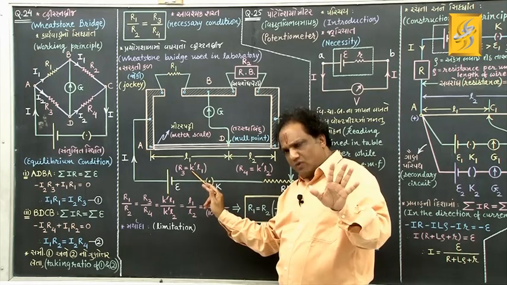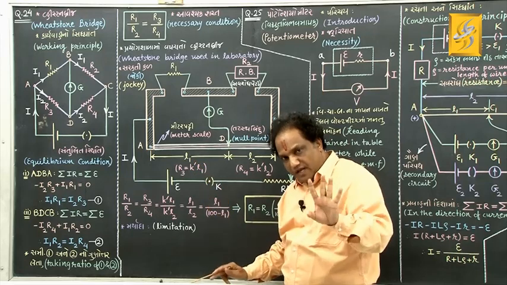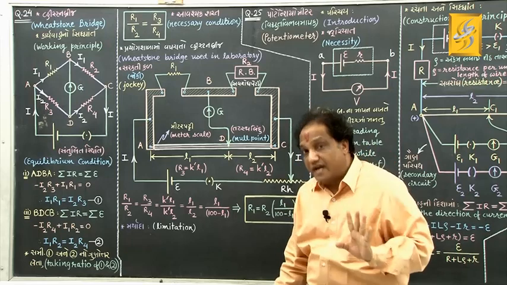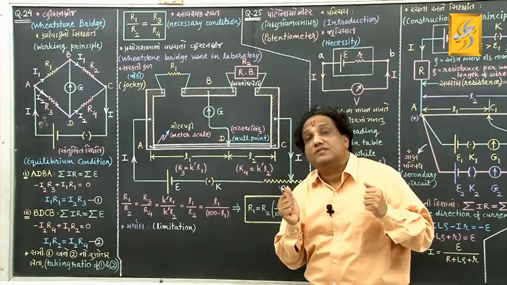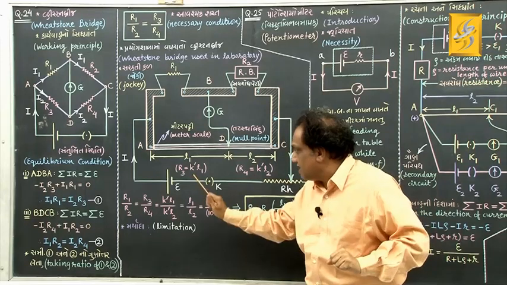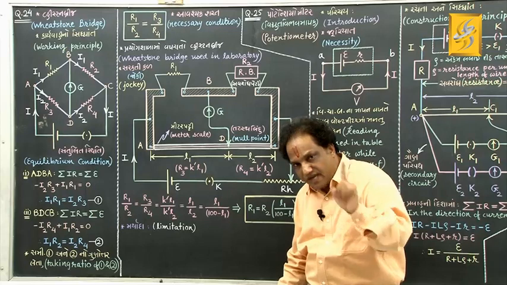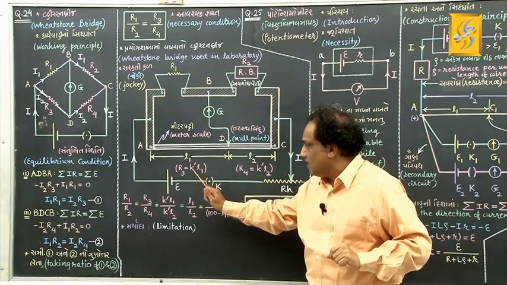You can give any symbol; here I have given the symbol K dash for resistance per unit length. For 1 centimeter, if the resistance is K dash, then for L1 centimeter length, the resistance will be K dash into L1.